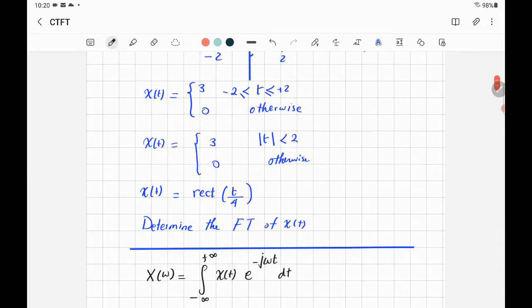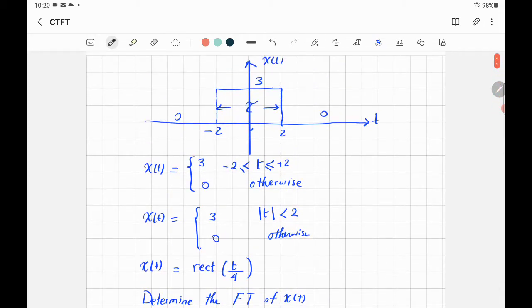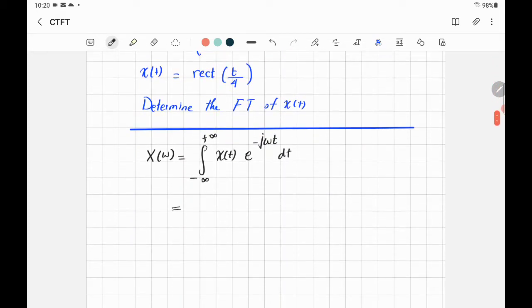So this function is divided into 3 parts, from -infinity to -2, and from -2 to 2, and from 2 to +infinity. So if you do this integration in 3 parts, you have -infinity to -2, the same function, plus from -2 to +2, plus the integration from +2 to +infinity.